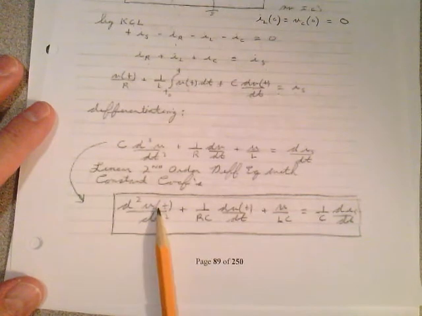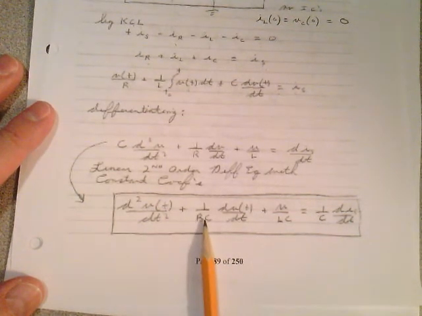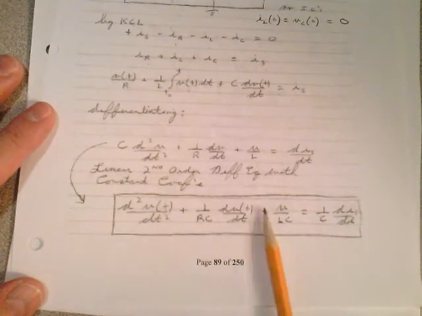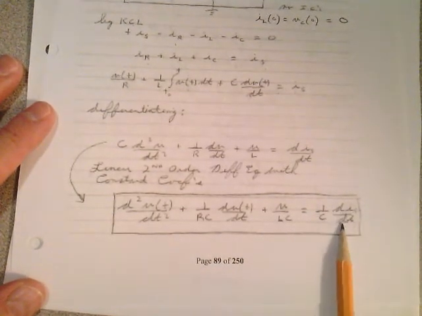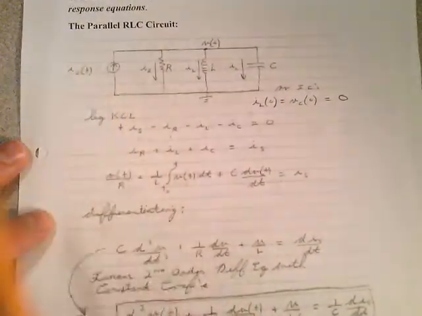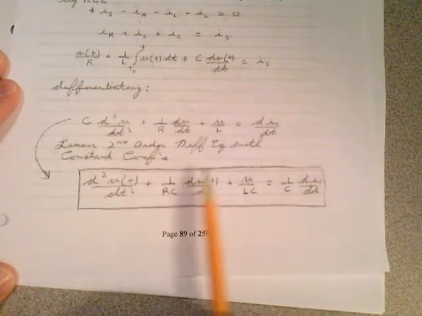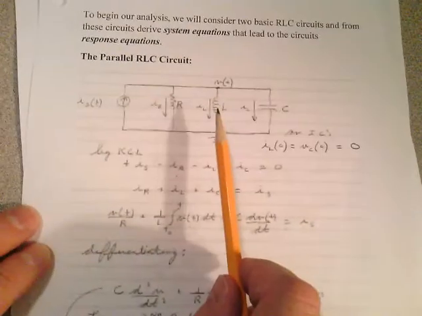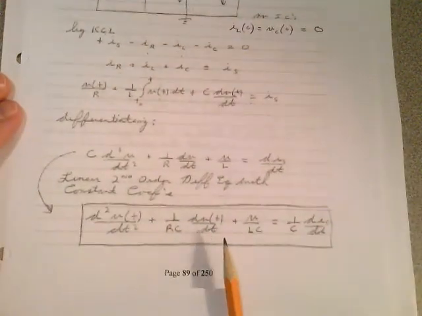The second derivative of the voltage plus 1 over RC, the time constant if you will, times the derivative of voltage with respect to time, plus voltage over LC is equal to 1 over C times the derivative of the source current. That's a typical differential equation that you get on a circuit like this with R, L, and C elements in it. Let's look at the next page.